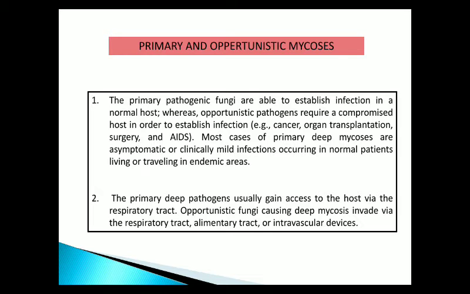But in case of opportunistic fungi, whenever they cause deep mycosis, they must enter the inner portion of the respiratory tract or alimentary tract, or through some devices during some pathological test or experiment. This way they can enter our body. Okay, so this is the brief concept of primary and opportunistic mycosis.